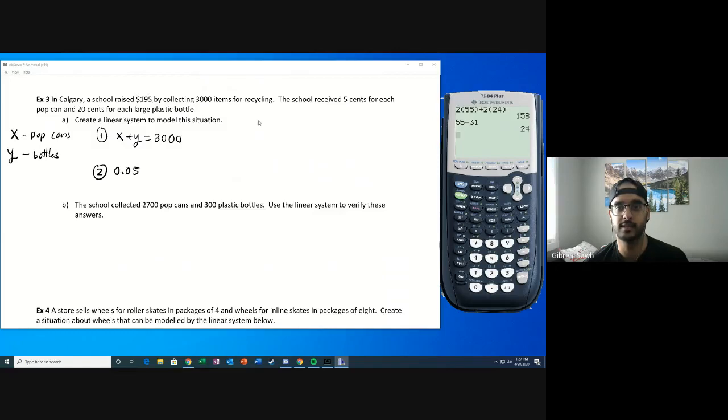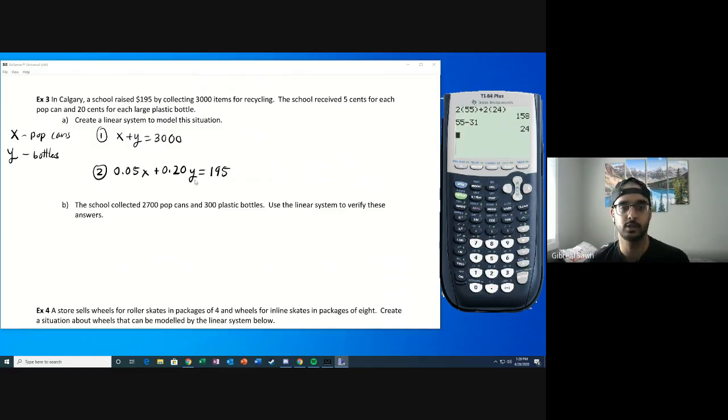If I put this in as 5x, that's telling me it's $5 per pop can, which isn't true. So I need to make sure I have the right decimals for cents when I'm dealing with money. So 5 cents per pop can, 20 cents per bottle, so plus 0.20y. In total, that is $195.